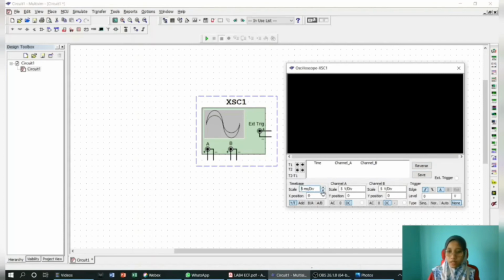This is the scale style. You can change it based on our circuit and our measurement. The scale for channel A also can be determined by ourselves. Same for channel B. And we can choose either AC or DC.